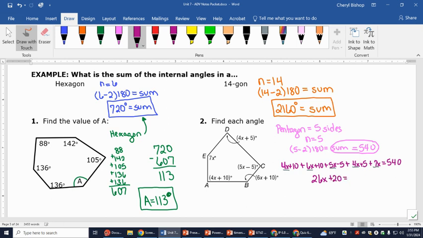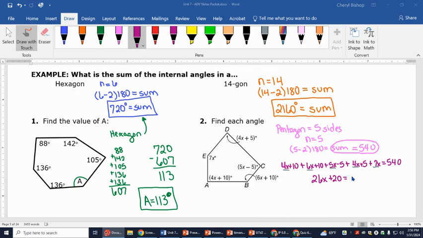Let's check my math and just make sure I have that correct. 4 plus 6 plus 5 plus 4 plus 7 is 26 x's, and 10 plus 10 minus 5 plus 5 equals 20.